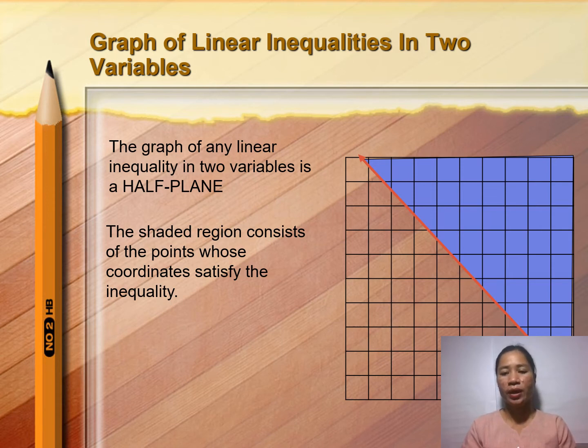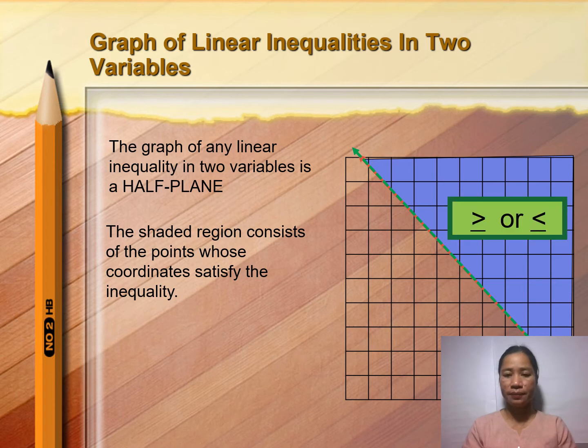We have two kinds of boundary lines: a solid line and a dotted line. If we say a solid line, the points on that line are part of the solution. If dotted line, the points on that line are not part of the solution. So when do we use a solid line?